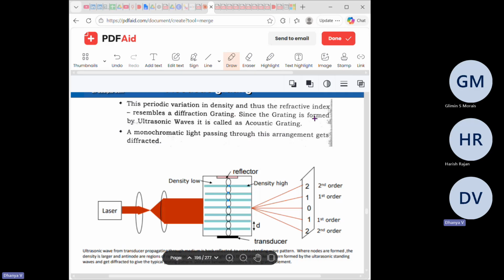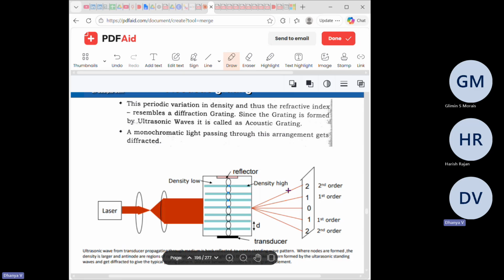Since the grating is formed by ultrasonic waves, it is called an acoustic grating. So it detects the presence of the ultrasonic waves with the formation of alternating high and low density patterns, and this is what is called the acoustic grating.